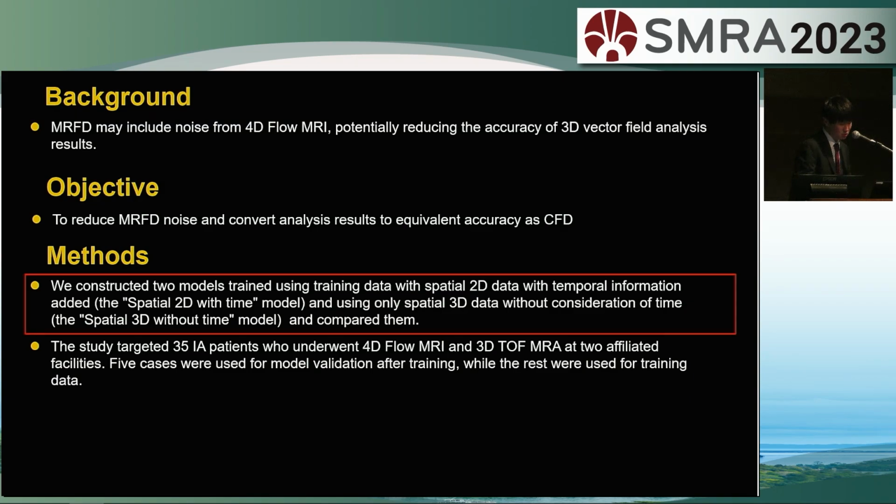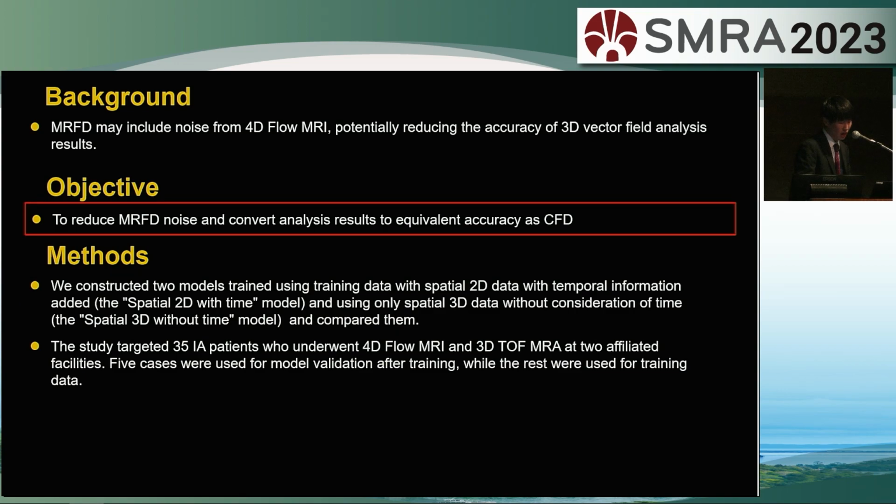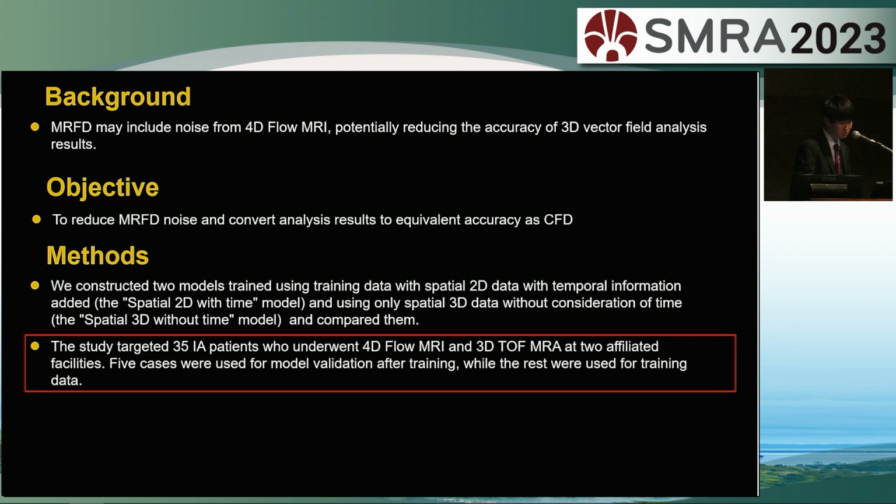We constructed 2 models trained using training data, one with spatial 2D data with time, and the other with spatial 3D data without time. Our objective was to reduce MRFD noise and compare the accuracy of the two models.